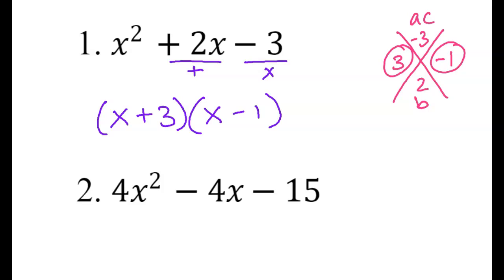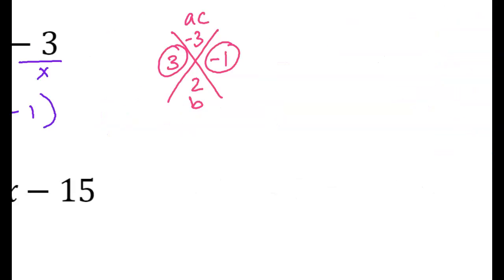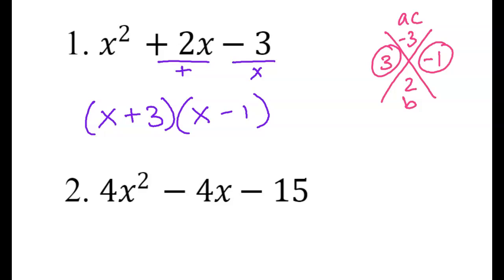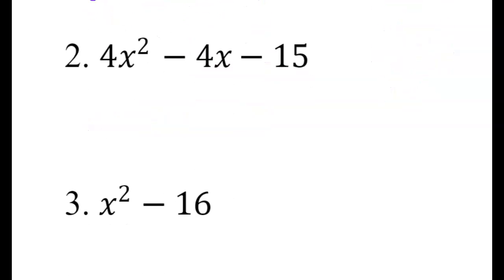Now, if we have an a term, so if we had a number in front of the x squared, on the x method we would have to divide both sides by the a value, and whichever one didn't simplify, we would have to put in front of the x. So on this example, yes, you can do the x method, and if you're comfortable doing the x method, do it. It's totally useful.